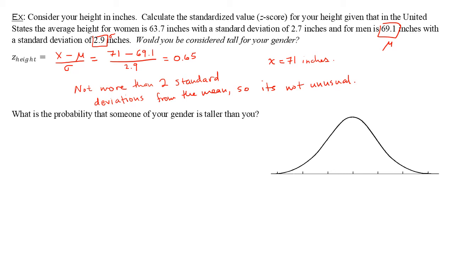What is the probability that someone of your gender is taller than you? So how would we translate this to a probability problem? Because my height was 71 inches, the probability that somebody is taller than me is the probability that their z-score is greater than 0.65.